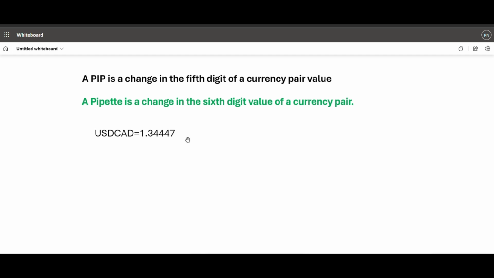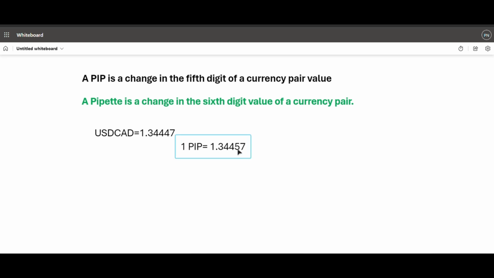Now, if this market goes up by 1 pip, what would that be for USD CAD? It will be 1.34457. So this is a 1 pip movement of the USD CAD. What changed was the fifth digit, which is number 4 here, so it changed from 4 to 5.